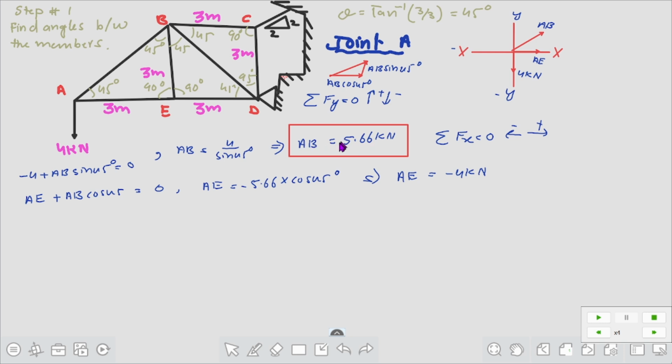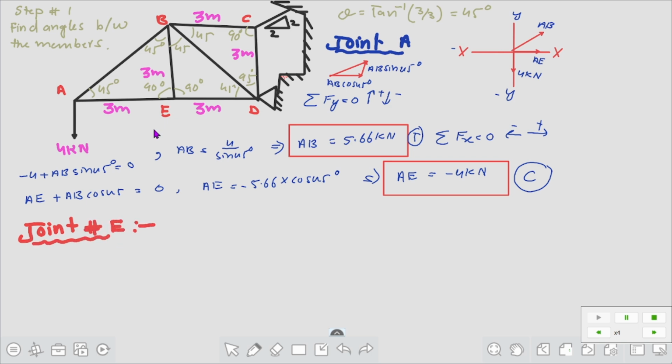The value of AB comes with a positive sign, so it means my assumption that AB is in tension was right. This is in tension. AE equals negative 4 kilonewton, which means it is not in tension as I assumed. It is in compression.